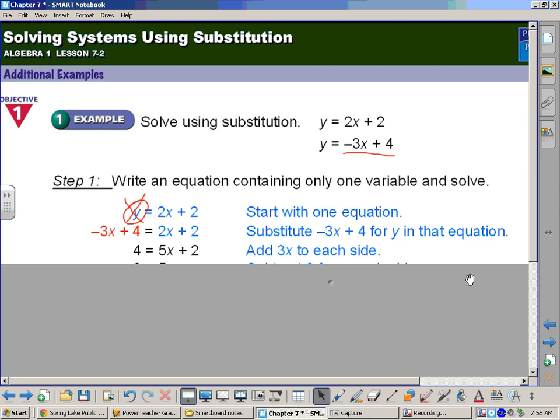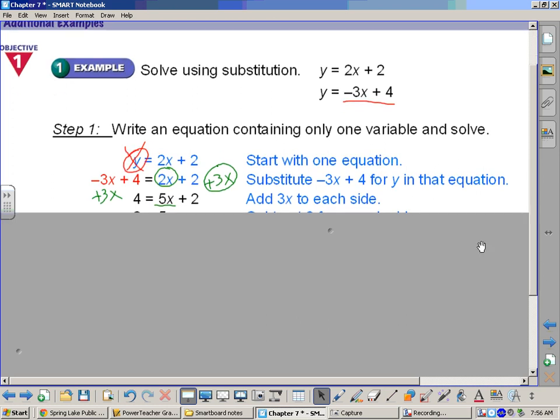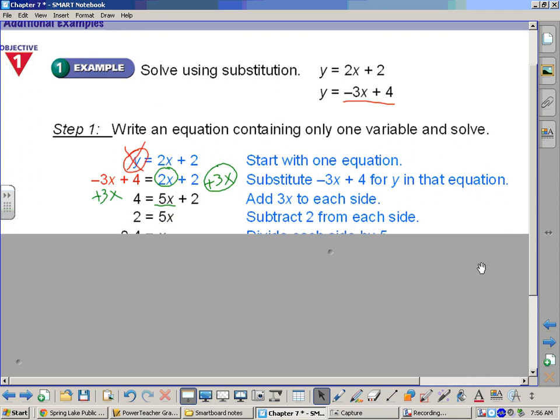To do that, we need to add 3x to both sides. So we're going to take and add this 3x to the other side of the equation, and 2x plus 3x is 5x. So we're just taking and getting the x's on the same side. The next step would be to subtract 2 from both sides.